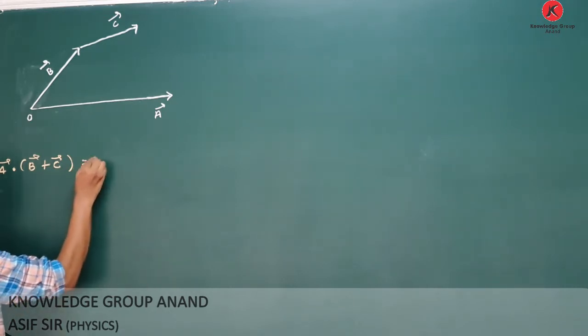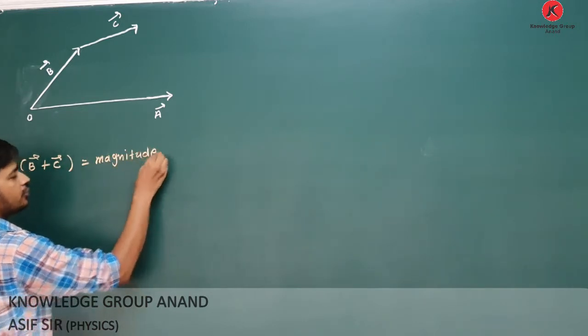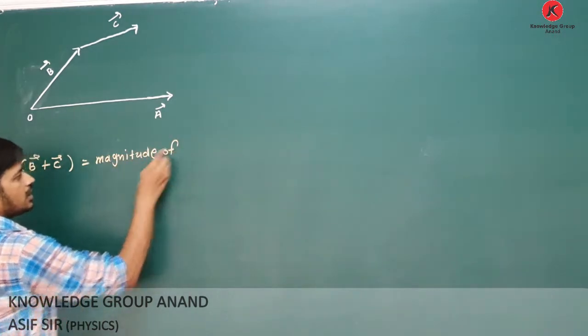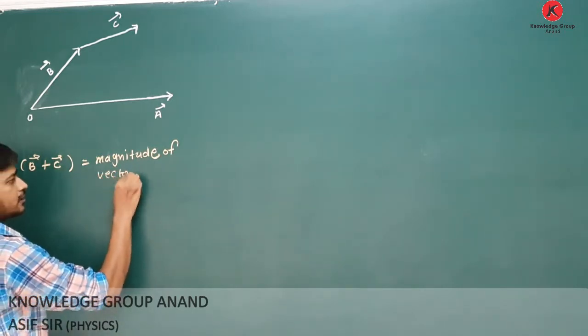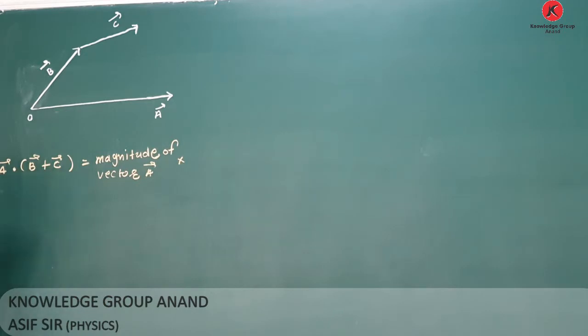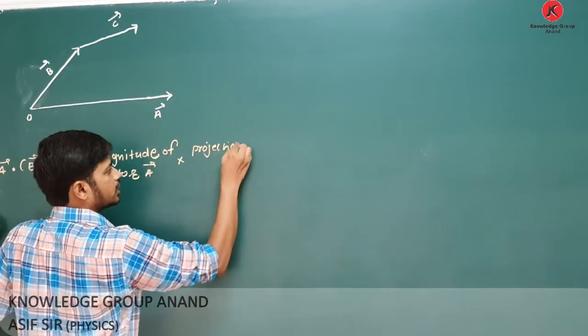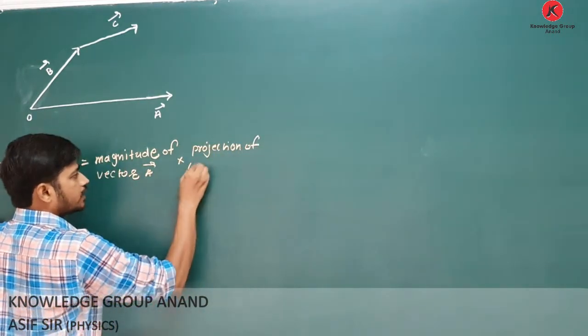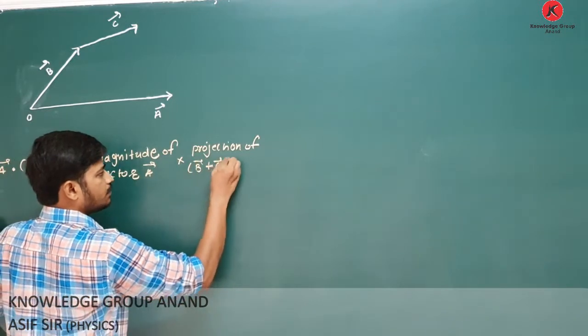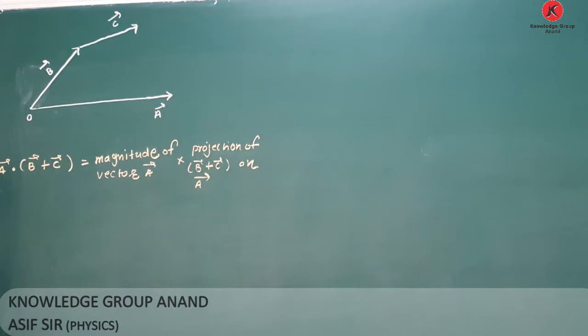Then from the definition, what can I write? A dot (B plus C) is equal to the magnitude of vector A into the projection of vector B plus C on vector A. Clear about this?